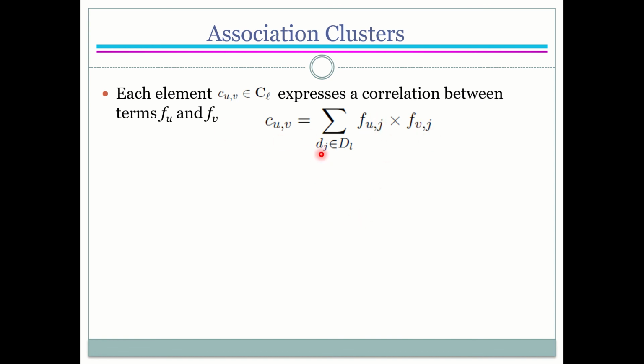This refers to all the documents that we have in our set of documents. So this weight is basically the frequency of this term times the frequency of that particular term that exists in the same document.